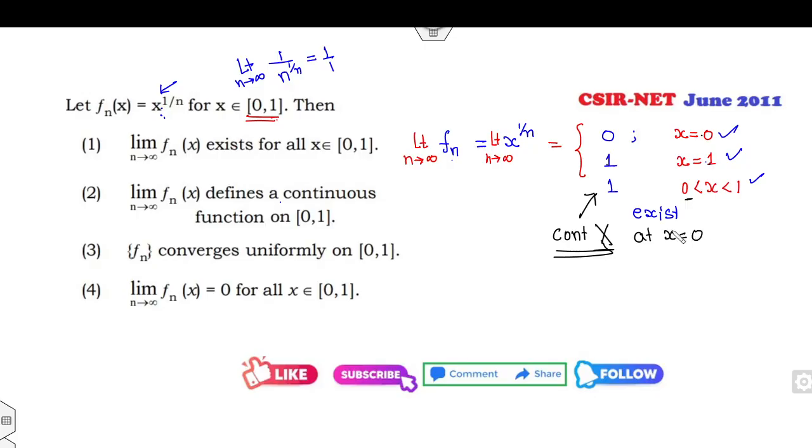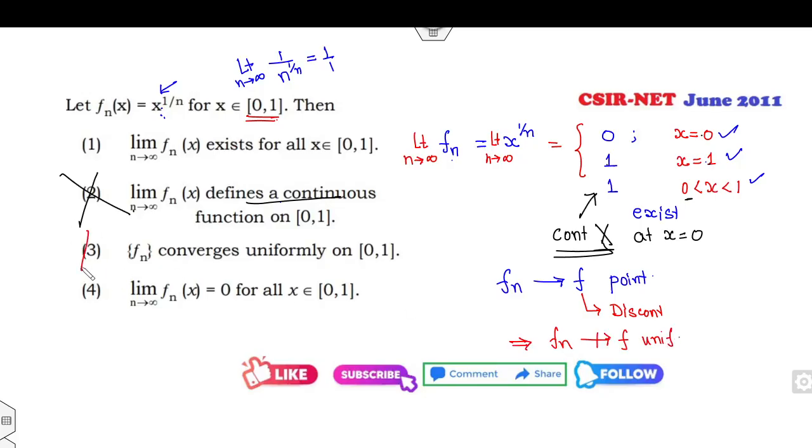So fn converges to f pointwise, and what is the shortcut trick? As I mentioned, if the limit function is discontinuous, then this implies fn does not converge to f uniformly.